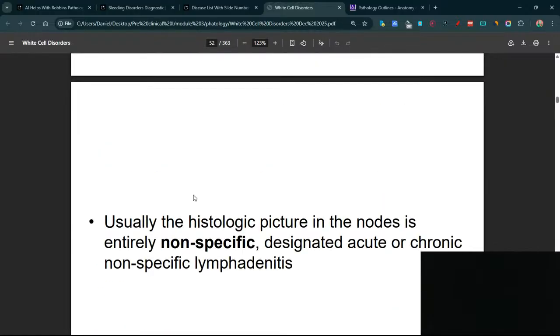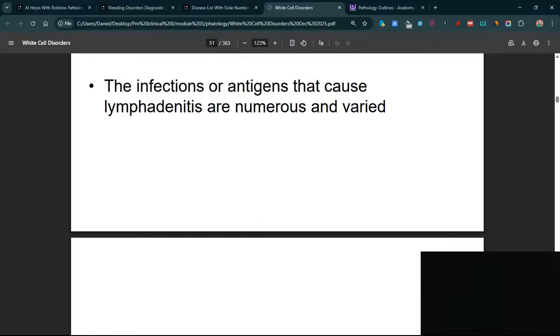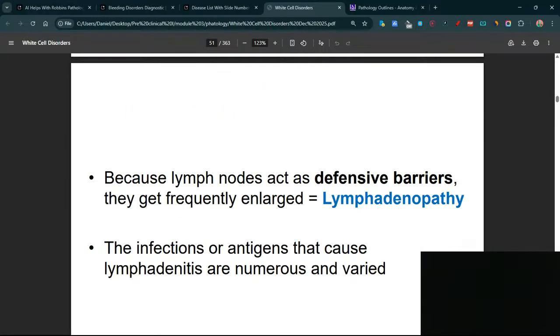So the histology is non-specific. What does it mean? Okay, we will see.